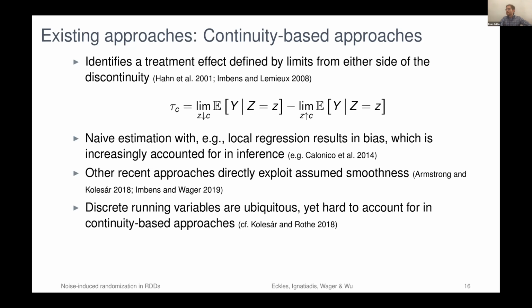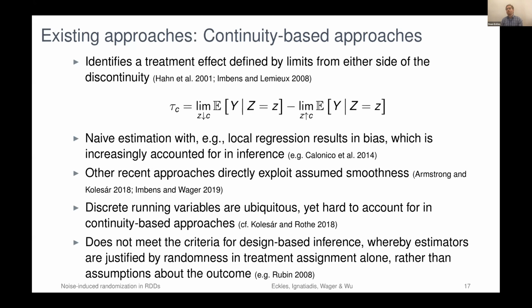Some of that's been addressed by Michal and colleagues, though I think this requires a lot of machinations in order to shoehorn a discrete running variable into a framework that's described by limits from either side of this continuity.